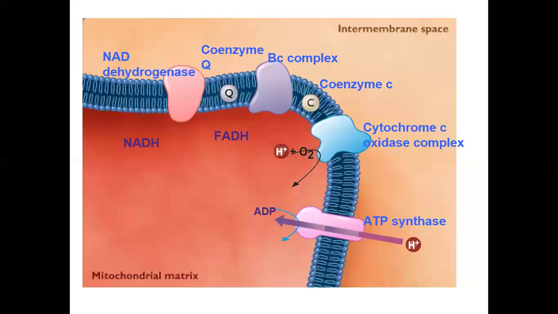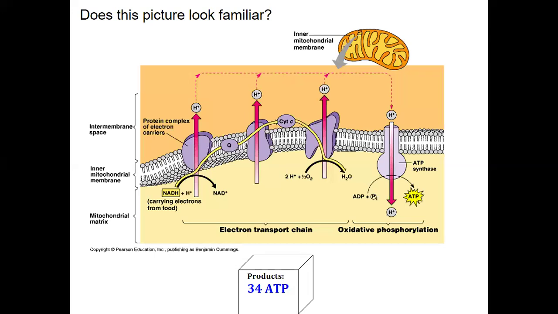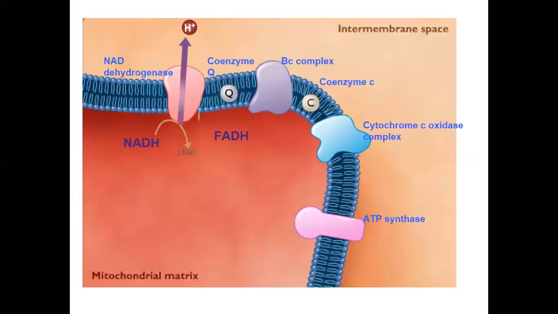At that point oxygen is utilized to add to the hydrogen ions to form water. And thereafter, when there is a buildup of gradient in the intermembrane space, it leads to the ATP synthase acquiring enough energy to produce ATP from ADP.